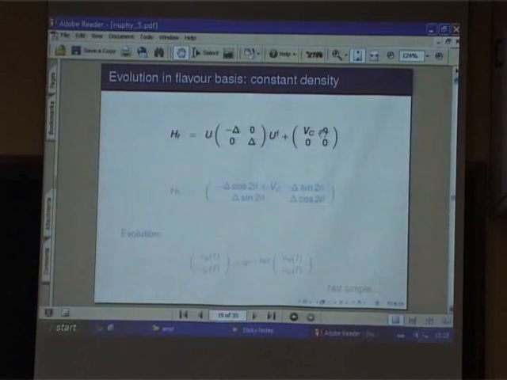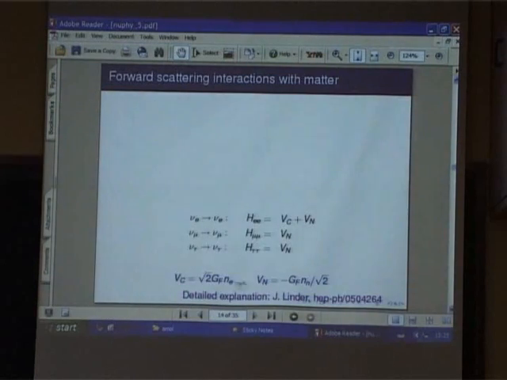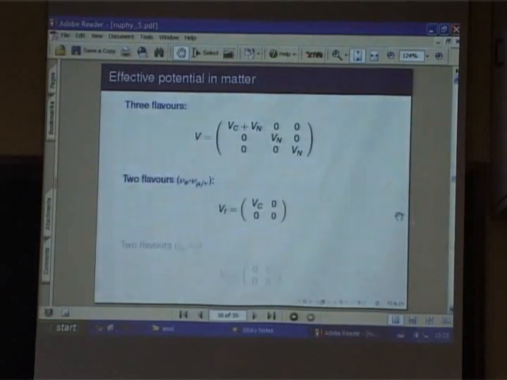In the last slide, you gave those Vc and Vn expressions in terms of GF and Ne. Those are in flavor basis? The numbers, Vc and Vn, are simply numbers. A number is a number. You don't know the basis. This was flavor basis. Yeah, so the matrices were in flavor basis.